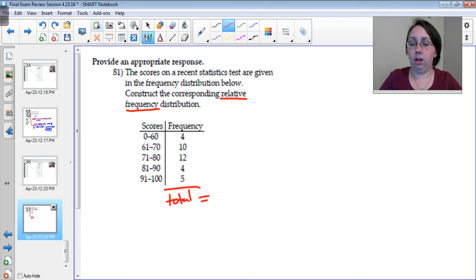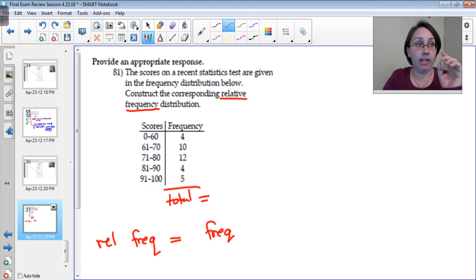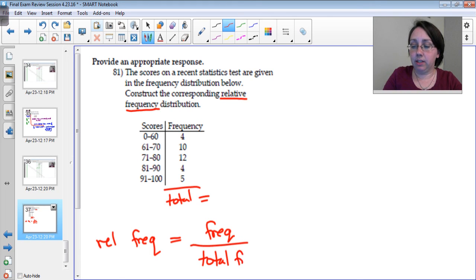What's the total in this column? What's our total frequency? Exactly, add them up. The relative frequency is equal to the individual frequency for each category. Take each one separately and divide each individual by the total frequency. What's the total? I got 35. I got the same thing. All right, so each of these we're going to divide by 35.